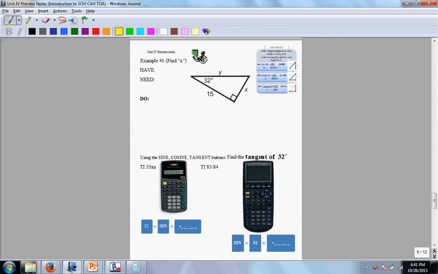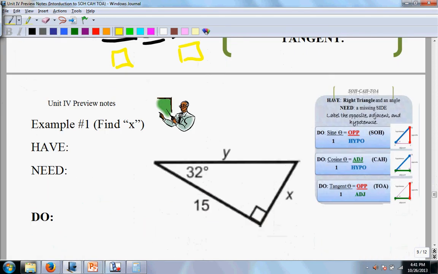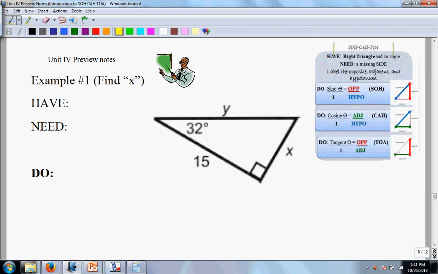All right, we're going to take this very, very slow. Okay, we're going to start by labeling our given triangle. So we sweep the angle we're working with, which is 32, and we label opposite, adjacent, and hypo. Across from 32 is this. That's our opposite side, which is our unknown, so just write opposite.